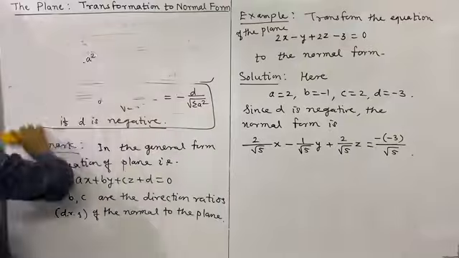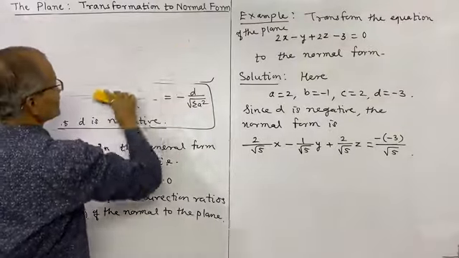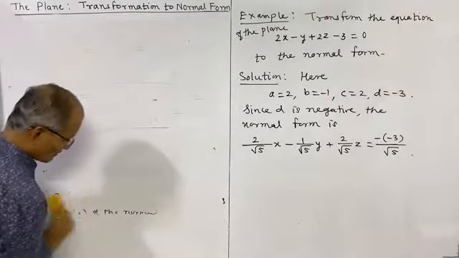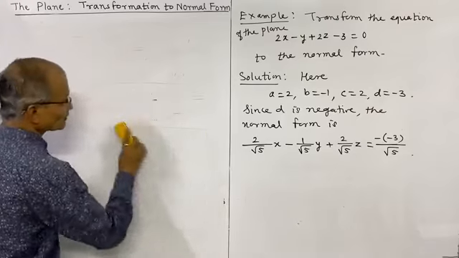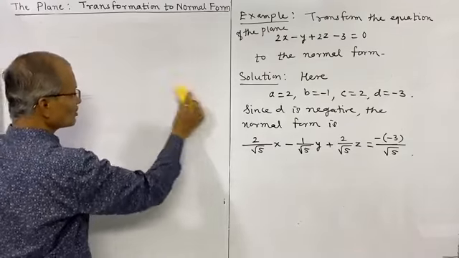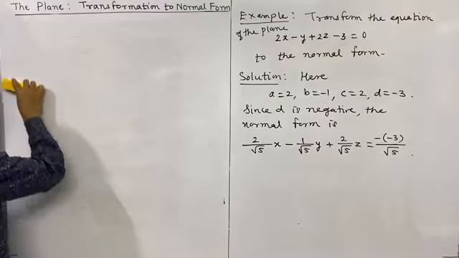Now one more thing we shall consider is the angle between the planes. Now that is a simple result. Now how to decide the angle between the planes, that we have to see.